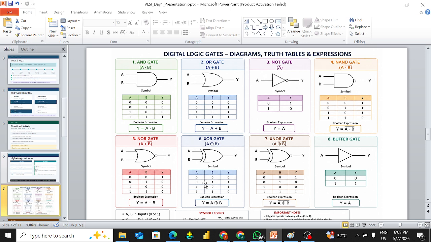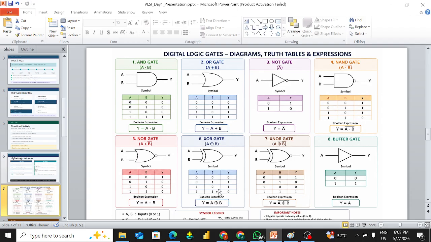So how does the XOR gate work? It performs tasks when any one of the inputs is in the on state. Their input states, A and B, should always be different. If they are in the same state, like A is 0 and B is 0, or A is 1 and B is 1, then they don't work.